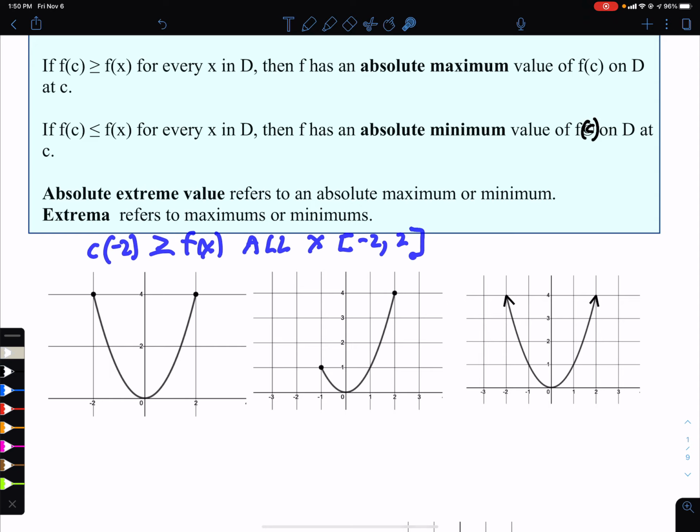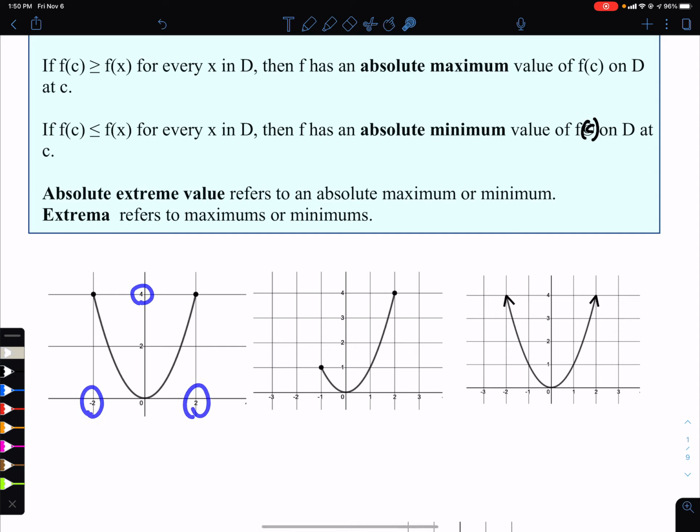Is that true? Well, is the y value right there bigger than every other y value everywhere else? You might say, nope, right there, it's equal, but it has an equal in it. That's why it's equal. In this case, there's actually two absolute maximums, here and here. The values of c are -2 and 2. So the absolute maximum value is 4, but it occurs at -2 and 2.